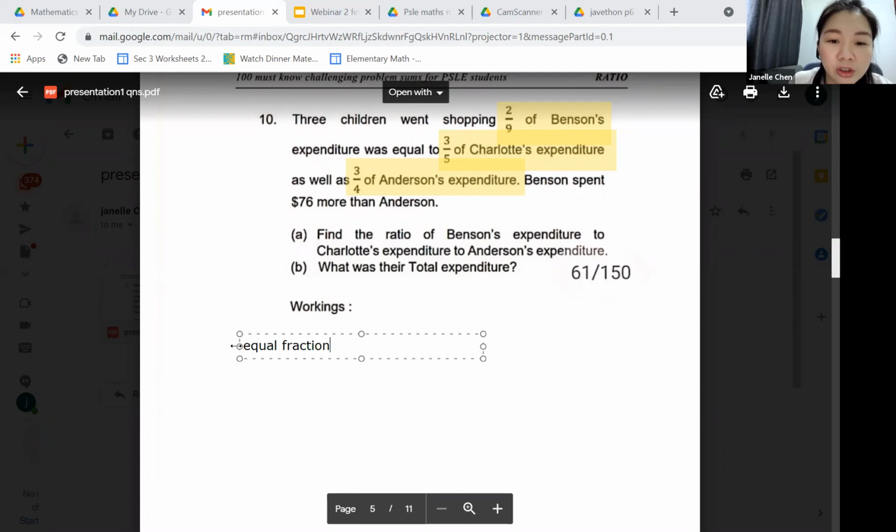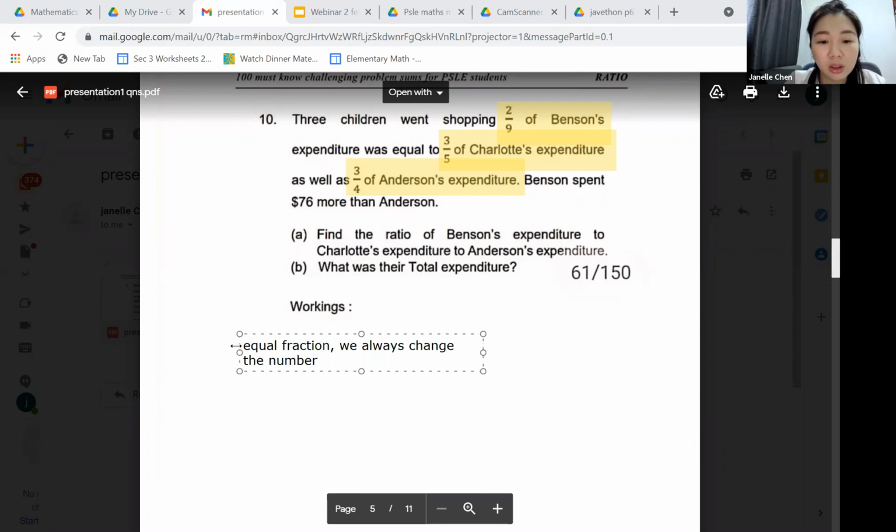So for equal fraction questions, we will always change the numerator above to the same number, because it's equal fraction. Let me show you what it actually means.